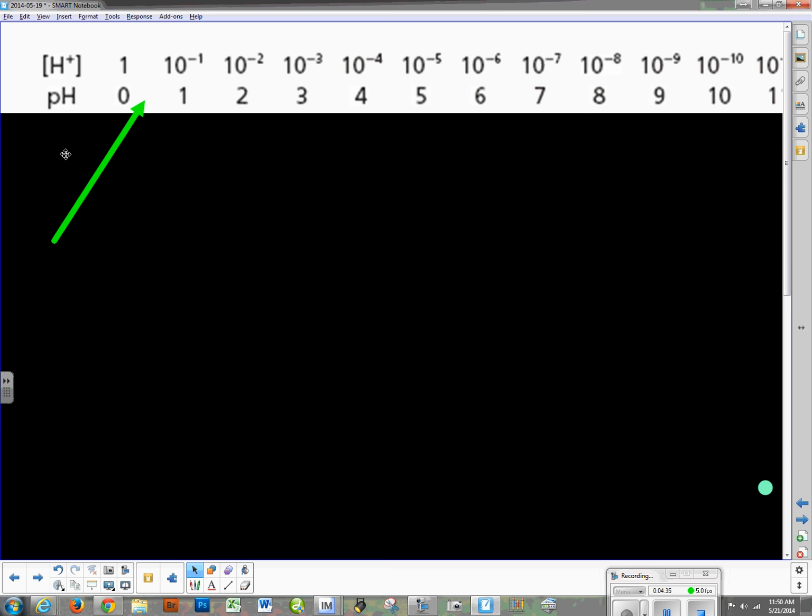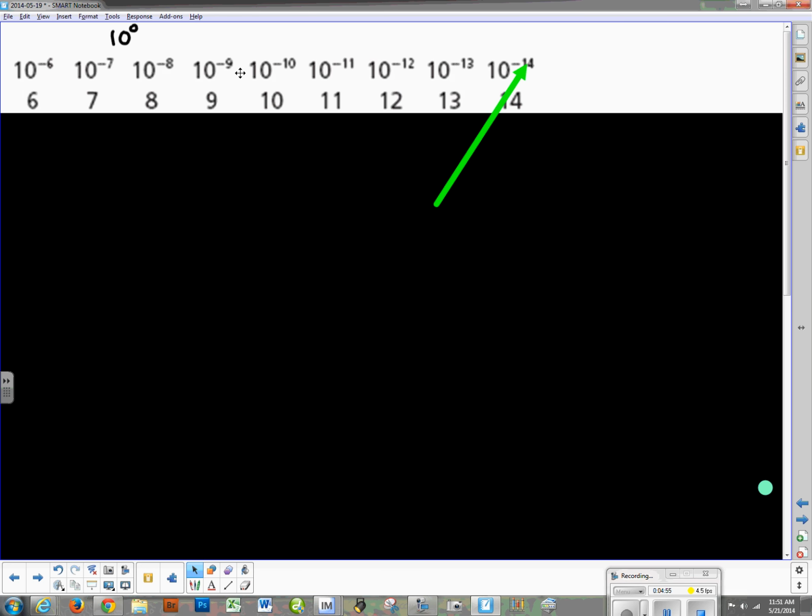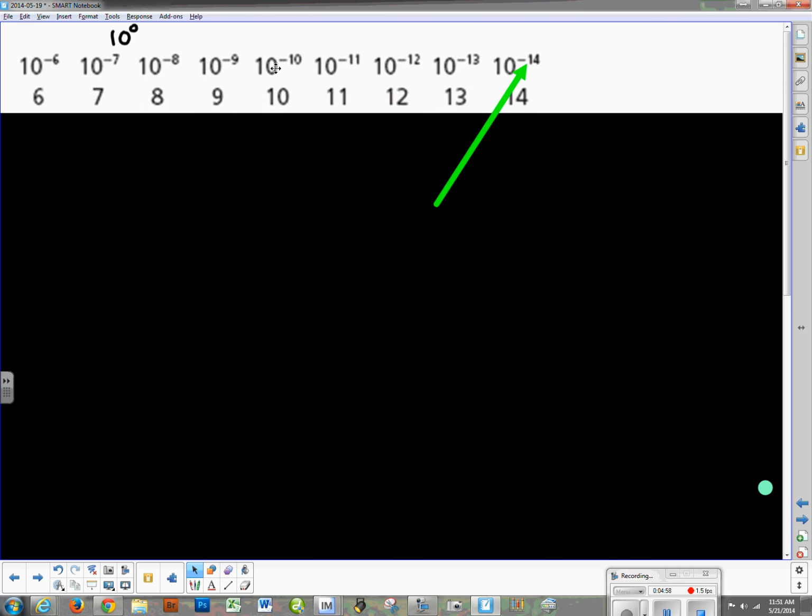As we look at pH, we start at the far left with a 0, and that's where the concentration is 1. That 1, by the way, is actually 10 to the 0. And that goes all the way up on this scale to 10 to the minus 14.